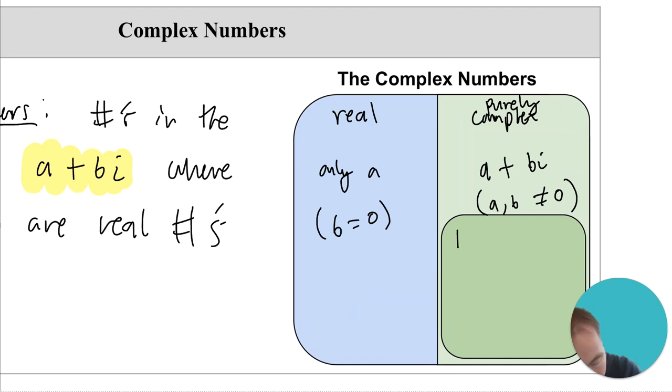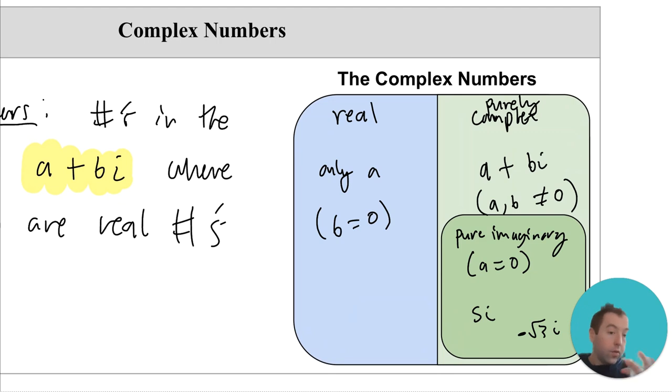And then you can have what we call pure imaginary numbers that have only the imaginary part, so have only the i part. So that would basically mean that the a is going to equal 0, but then the b part is still going to be there. So if you had like 5i or negative root 3 i or something, those are pure imaginary numbers because they have only the imaginary part, versus like up here, if it was purely complex, you have to have like 1/2 minus i, where you have both the real number and the imaginary part, right?